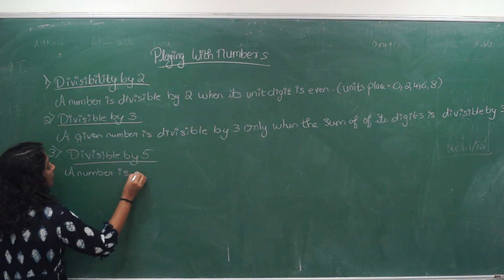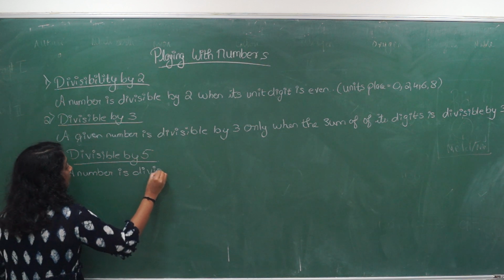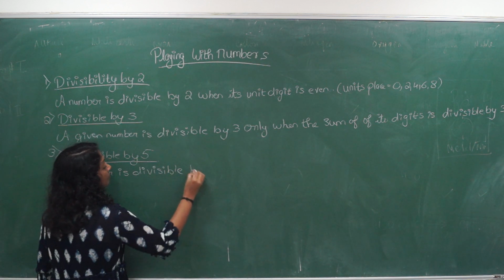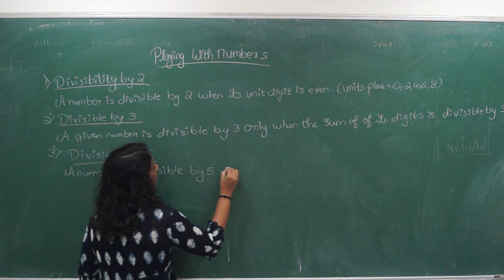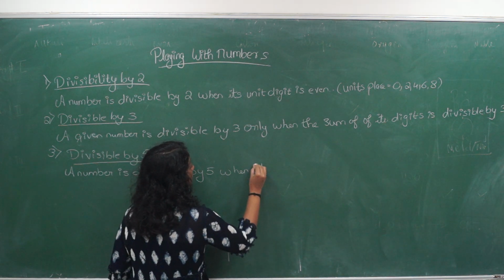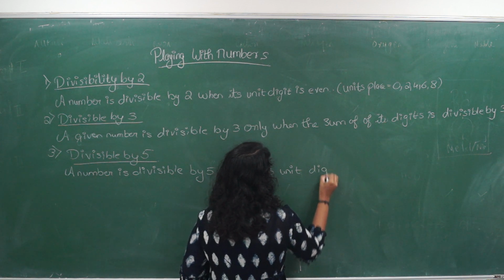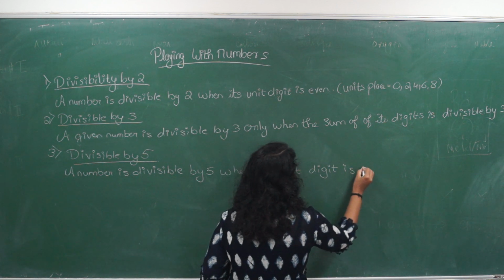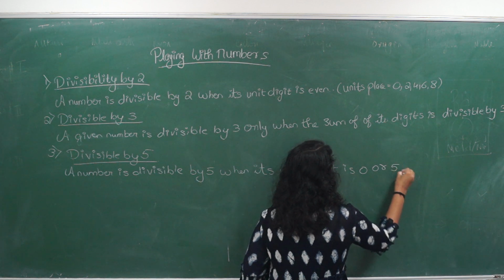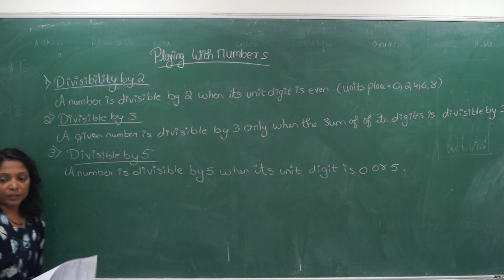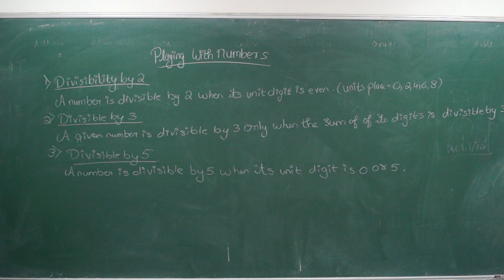A number is divisible by 5 when its units digit is 0 or 5. You already knew this. Examples: 10, 15, 20, 25, 30, 35, 50, 100, 1000, 1055. These numbers are all divisible by 5.